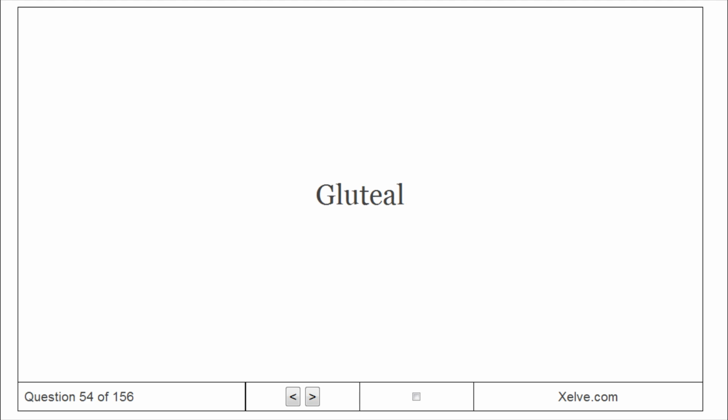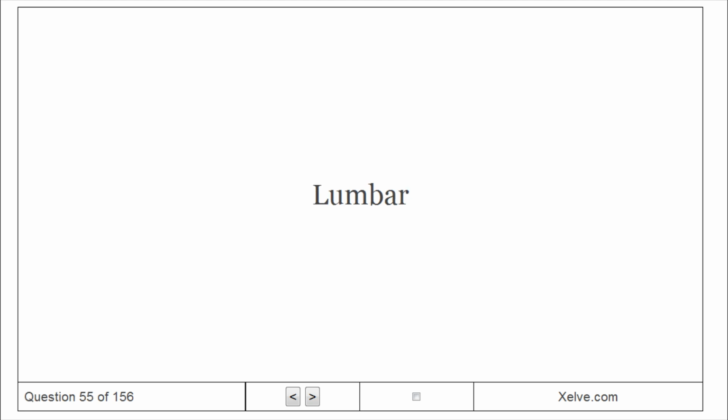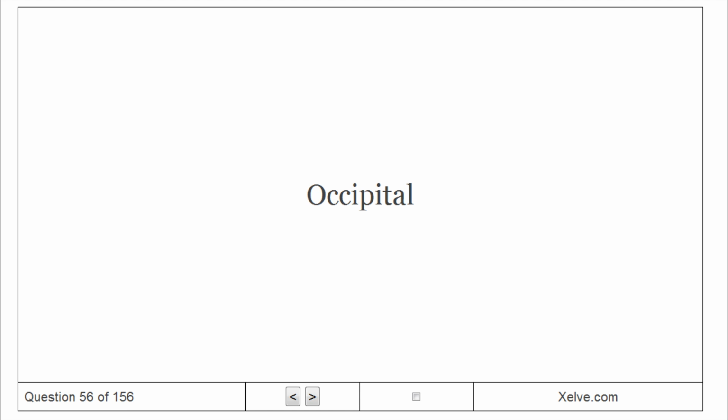Gluteal: pertaining to the buttocks or rump. Lumbar: pertaining to the area of the back between the ribs and hips, the loin. Occipital: back of the head.